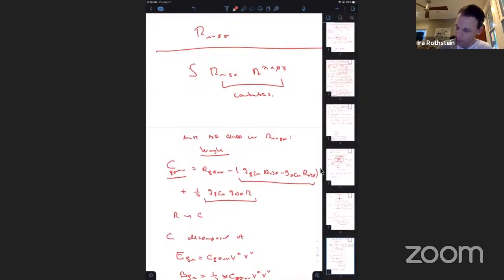You can always perform this decomposition. This is called the Weyl tensor, and I'll explain to you the physical meaning of the Weyl tensor in a second. It contains all the on-shell information of the Riemann tensor.